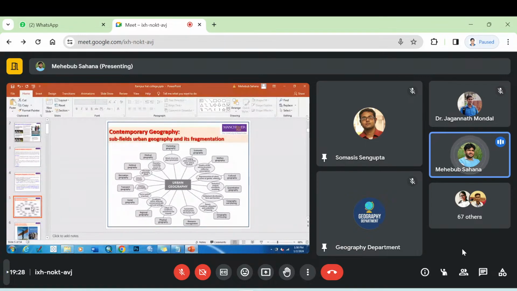If anyone wants to go for research or a job after graduation or masters, this subdiscipline and discipline can help them create their future career.